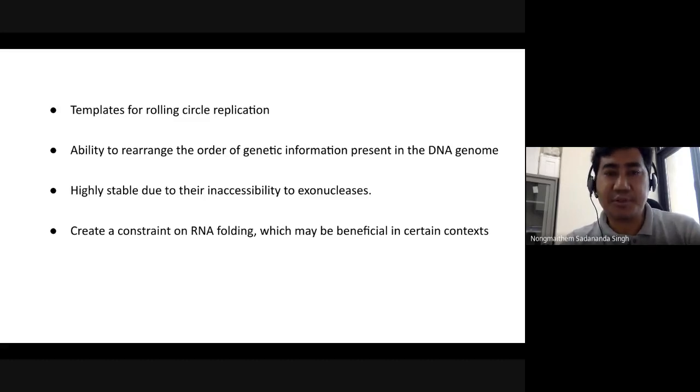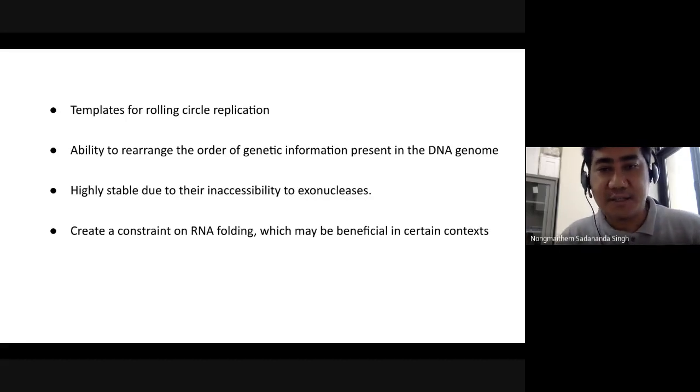So where do we find all these circular RNAs? What is the importance of these circular RNAs? Circular RNAs are very, very common in the viral genome world, the virus world, where they are used as a template for replication.